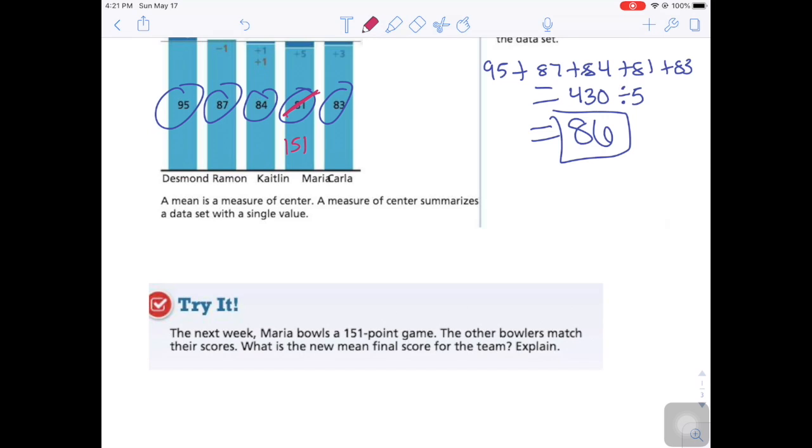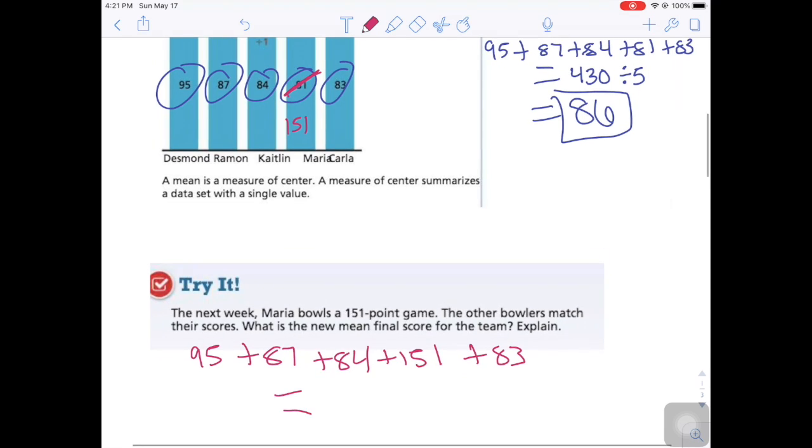So again, our first step is going to be to add all these together. So 95, 87, 84. Instead of 81, we have 151 and then 83. So we're going to add all of these together. I'm going to go ahead and put these into my calculator really quick.